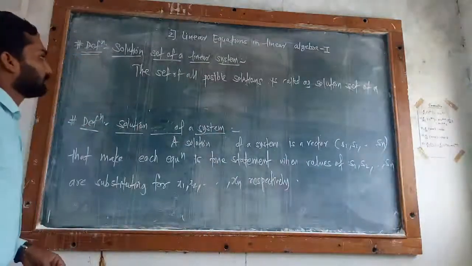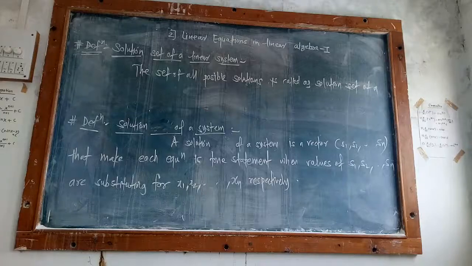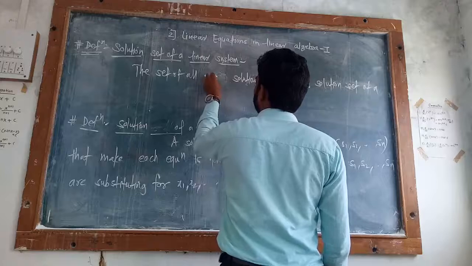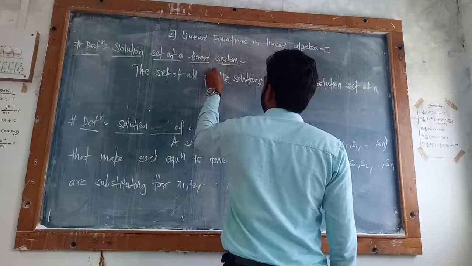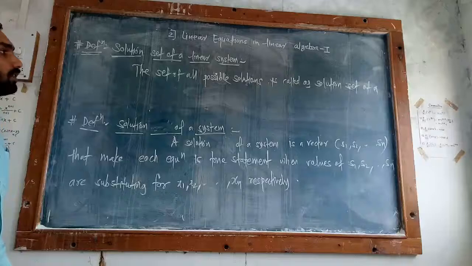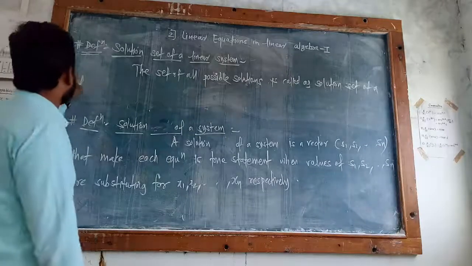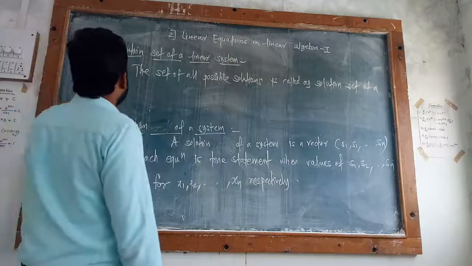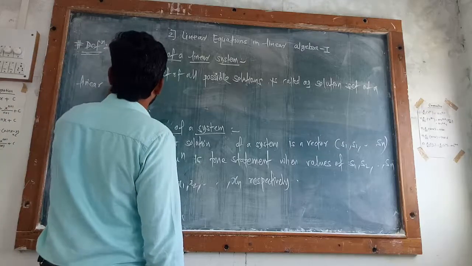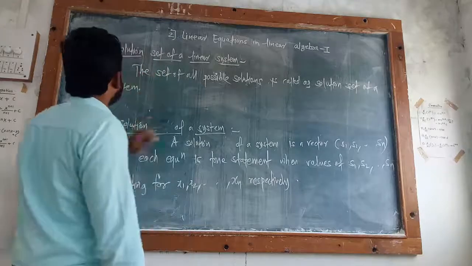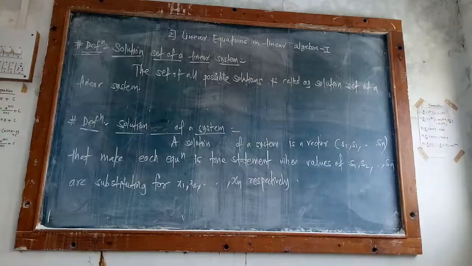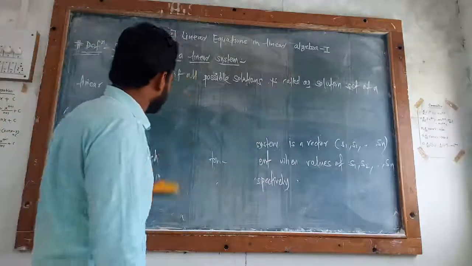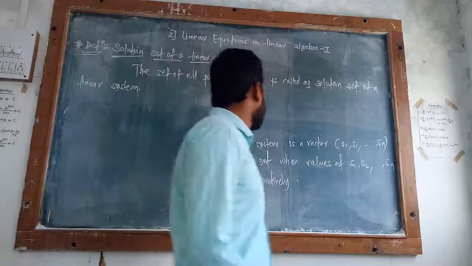So all the solutions that come out are called the solution set of a linear system.